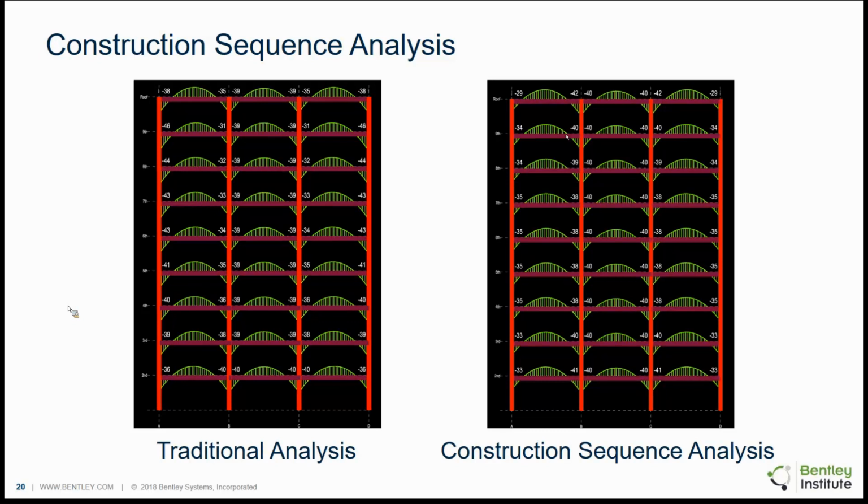Traditionally, this is the approach that's been taken in a construction sequence analysis, and certainly that's a valid question. What is the impact of the reinforcing? Hopefully, we can, through further research and experimentation here, come to a conclusion on that.